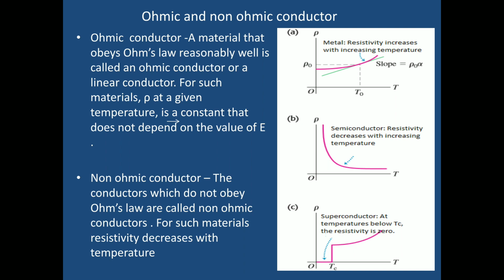Third type of conductor is called a superconductor. See, in conductors, as the temperature increases, resistivity increases. If we decrease the temperature, what will happen? Resistivity will decrease. So, for a particular material, if the temperature is below the critical temperature, then its resistivity becomes 0.